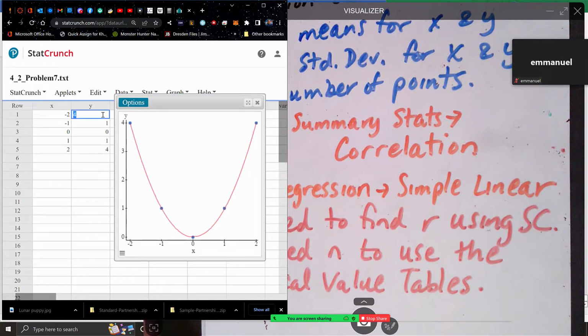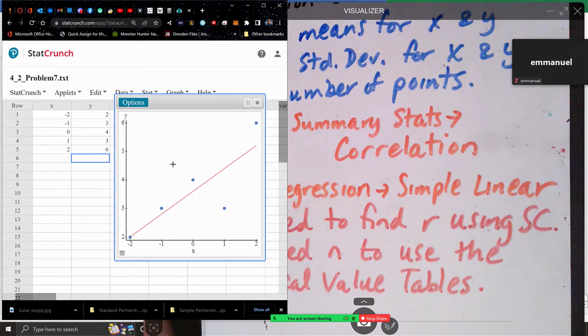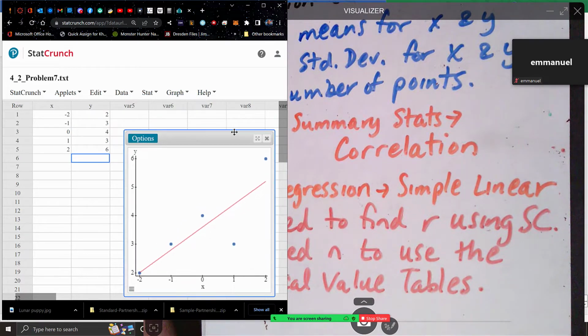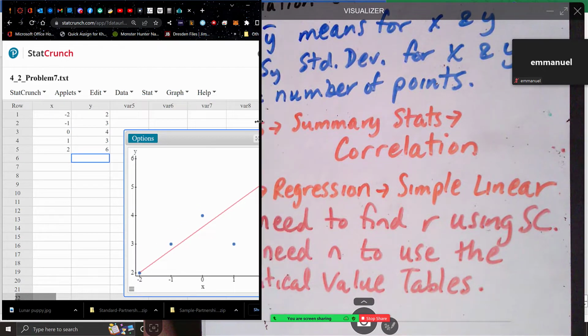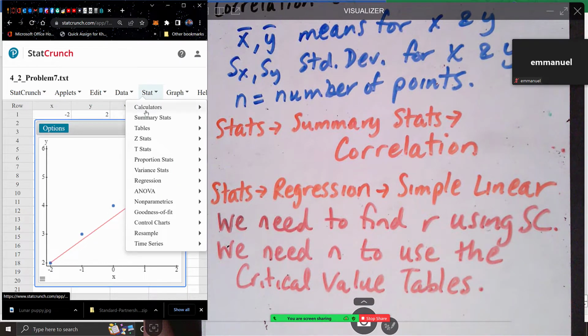I'm going to come back over here and change these back to what I had before. Shoot, I didn't write them down. I had 1, 2, 3, 2, and 6. So I'm going to do that summary stats here for what I got.